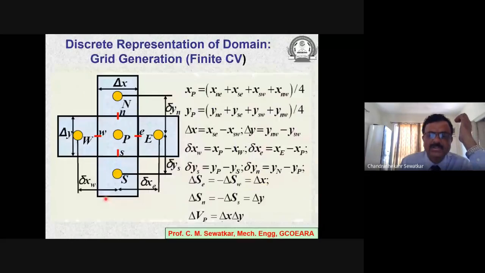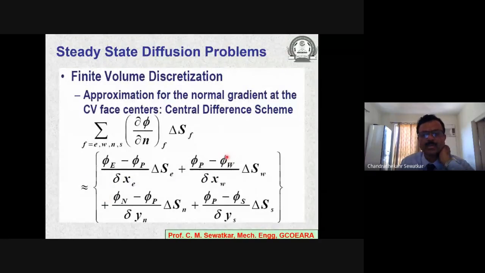If this is the case, then this is my delta x by 2, and this is delta y by 2. In this case, 2 goes to the numerator, so I have 2 phi p's and 2 phi w's. Here also 2 goes to the numerator, I have 2 phi p's and 2 phi s's.